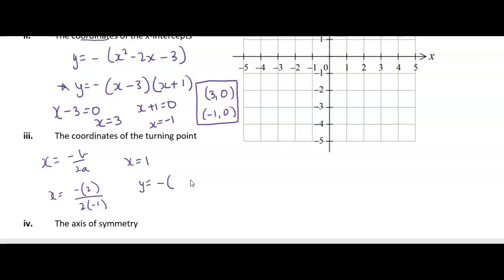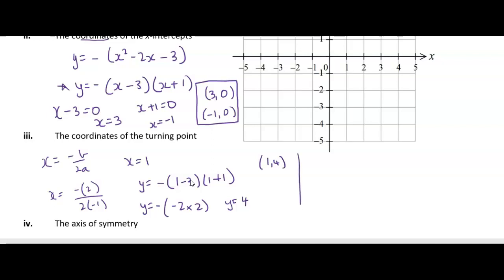So x is 1, so I'm just going to put 1 in for x. Don't forget that negative, it has to stay. So 1 minus 3 is -2, and 1 plus 1 is 2. So we're going to have y equals -2 times 2 is -4, and then you've got that negative, so it's going to make that a positive. So the coordinates there is 1, 4.